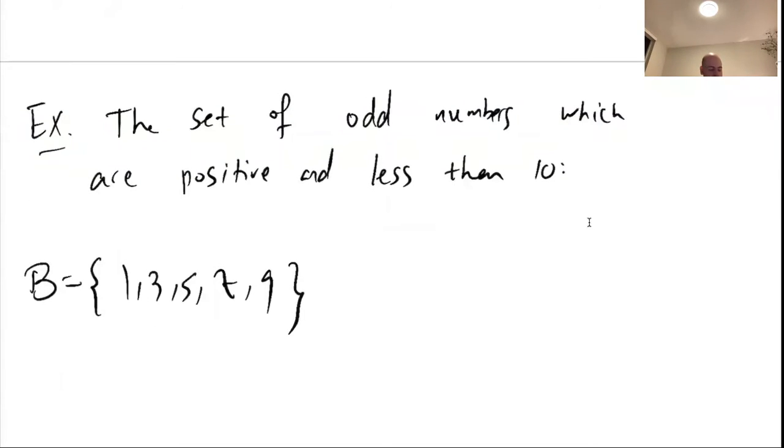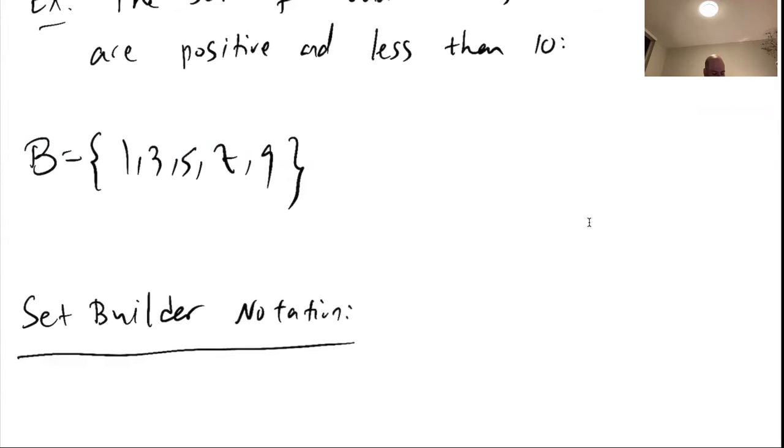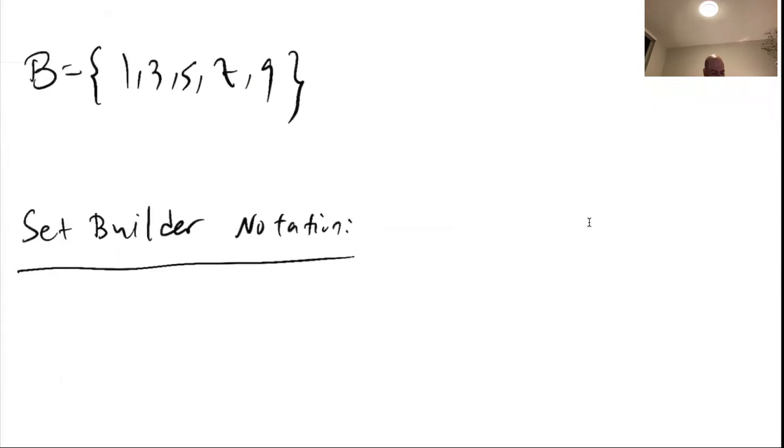And there's also a set builder notation that we can use, right? So set builder notation. Usually, we describe it as, let's say, A equals, and we use curly brackets for set notation.